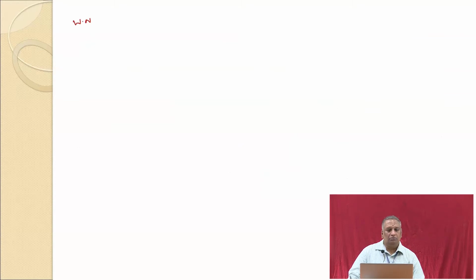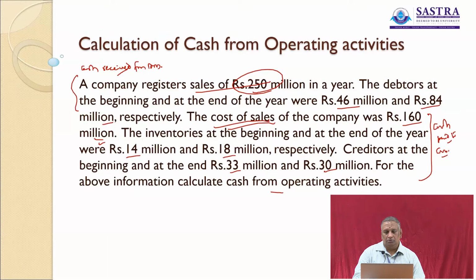Working note number 1. Cash paid to creditors. So here cost of sales is given as 160 million.